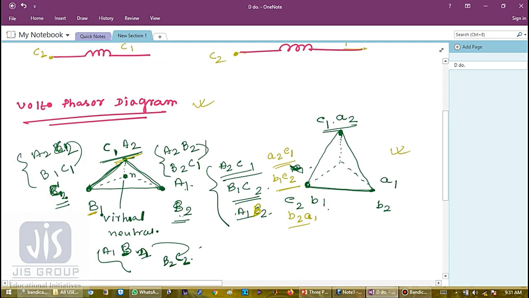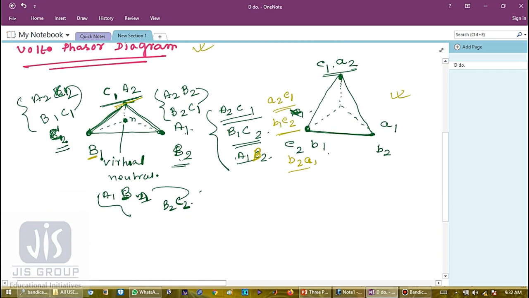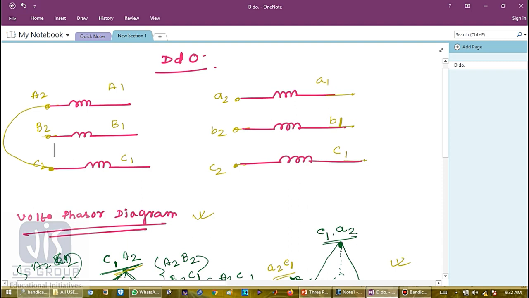So now the connection is A2 to C1. So let me connect A2 to C1. Then B1 C2. So sorry.